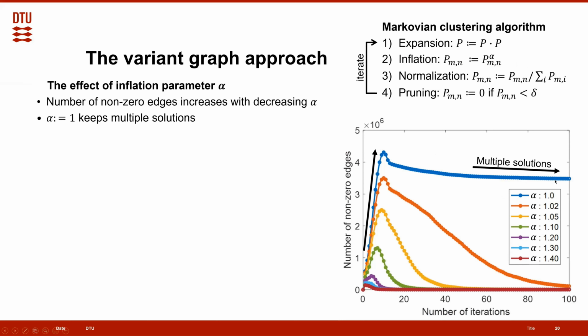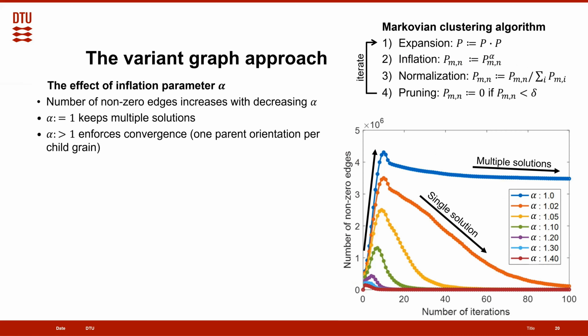For each child grain, we keep a lot of different viable parent grain solutions with different weights, and we don't really want to decide between those. That can be quite useful. But of course, if you have a pretty large map, this also means a lot of non-zero edges, which will cost you a lot in memory usage.